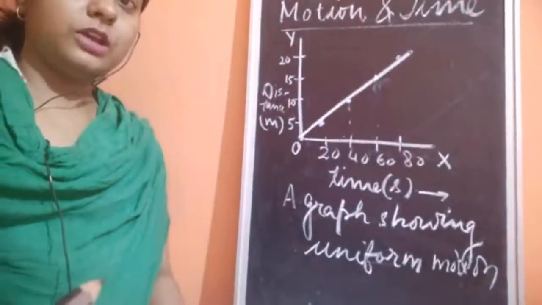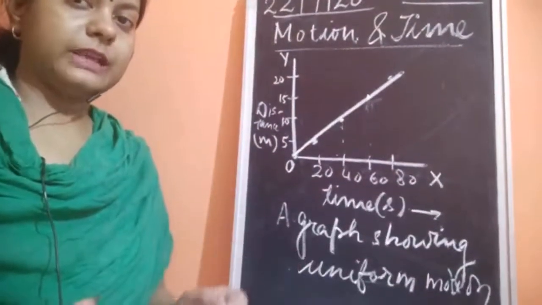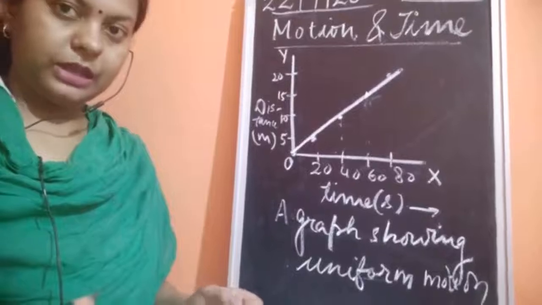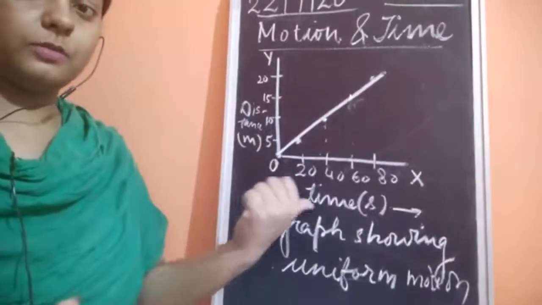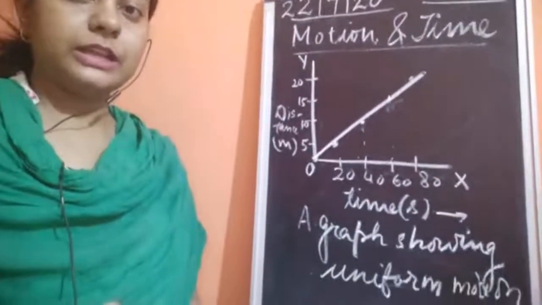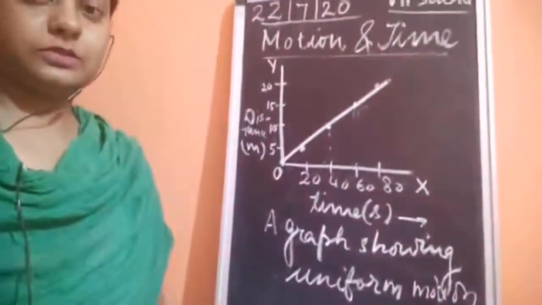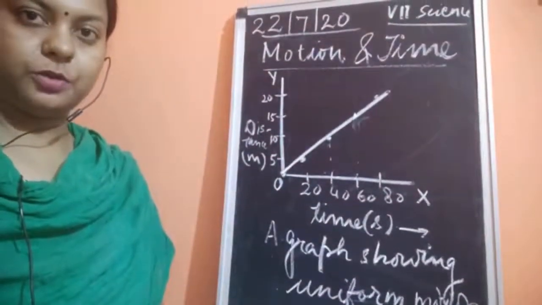So this is how you can write and plot the graph in the same manner as I have drawn here. Please remember to plot all the points here, and take care that everything is drawn over here. So this is all about the graph, how to plot it.